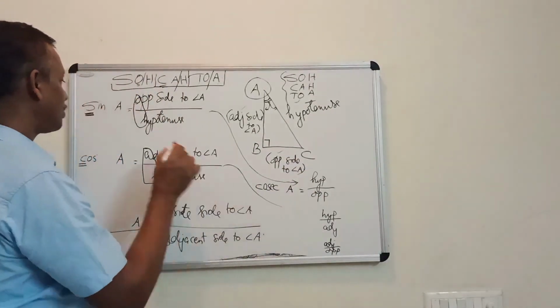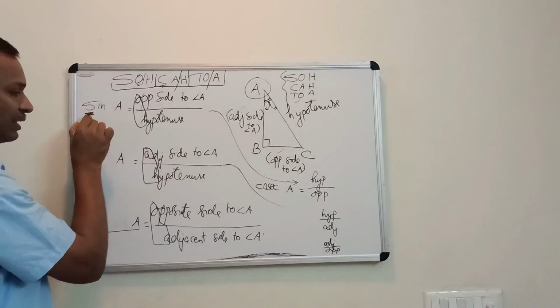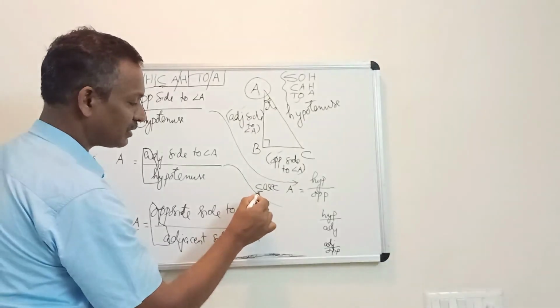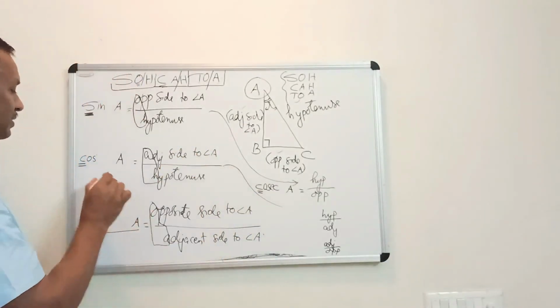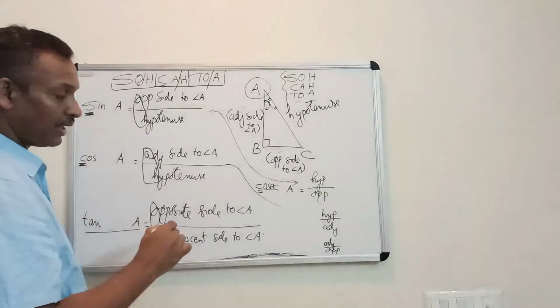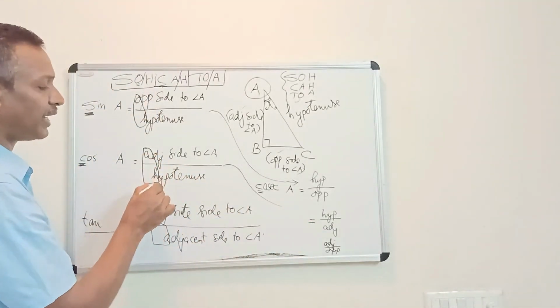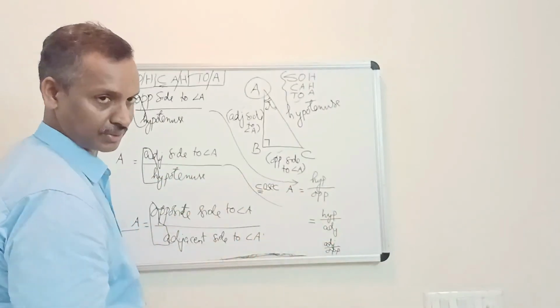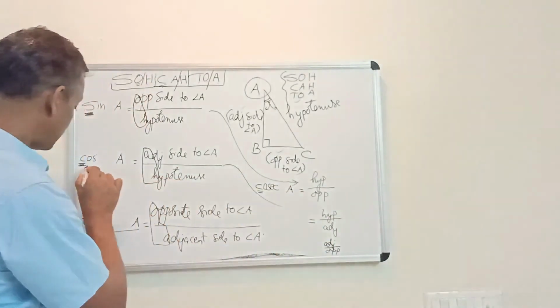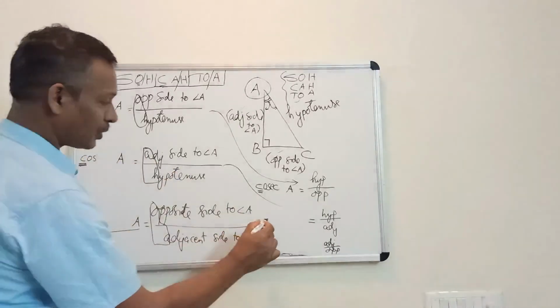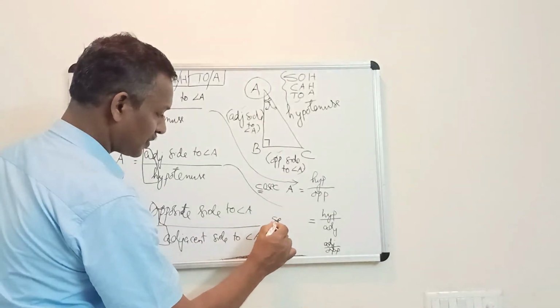You can remember it. The first one is started with S, its reciprocal is starting with C. The second one is starting with C, its reciprocal is this one. You can see here it is adjacent by hypotenuse, here hypotenuse by adjacent. Its reciprocal is starting with S. Secant.